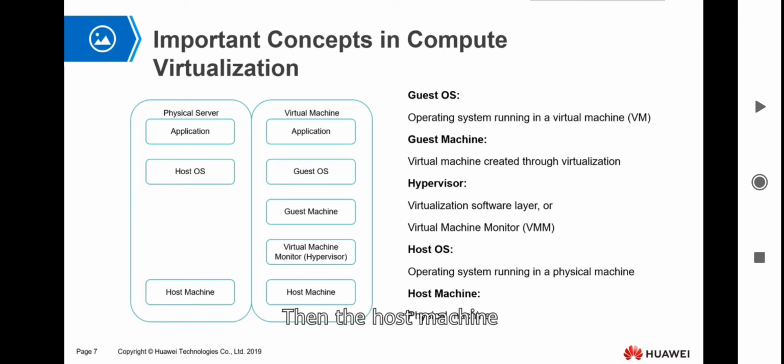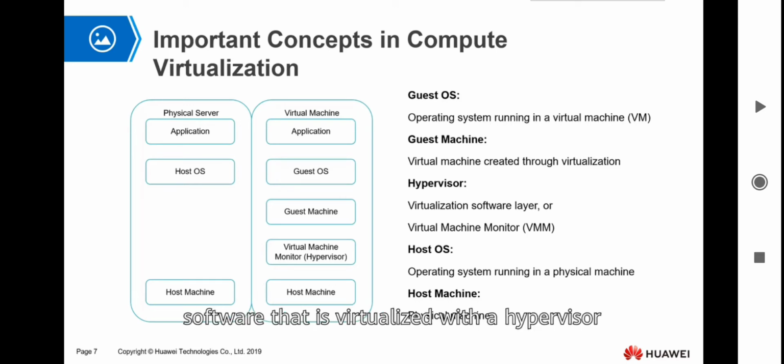Then the host machine must be installed with the operating system. This operating system is a host OS. With virtualization, it is not just the host machine and the host OS, but also the hypervisor. The hypervisor is a layer of virtualization software.